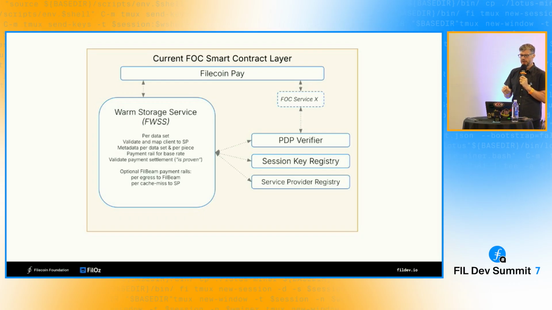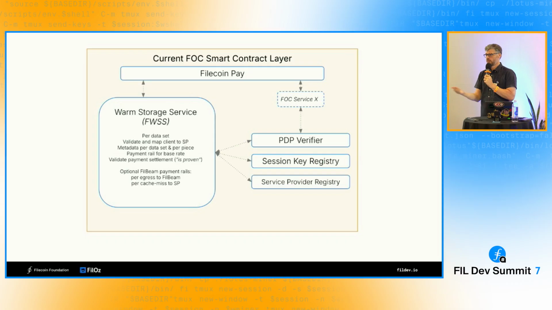And that model is an attestation model where you, as a client, you're trusting this entity to tell you how much service you used of theirs, just like you do when you sign up to Cloudflare. It's the same kind of model. We're not doing any retrieval proofs here. It's purely a business relationship where they will show up at some point and say, this is how much service you used, this is how much you owe, and the rails will be settled accordingly.